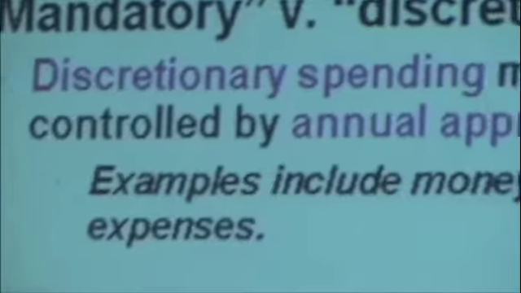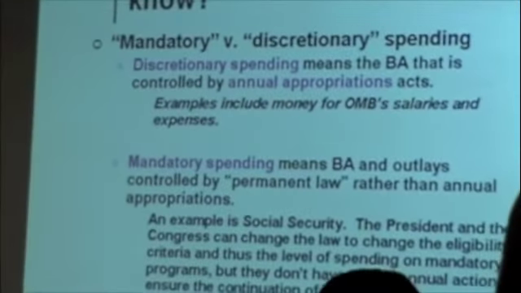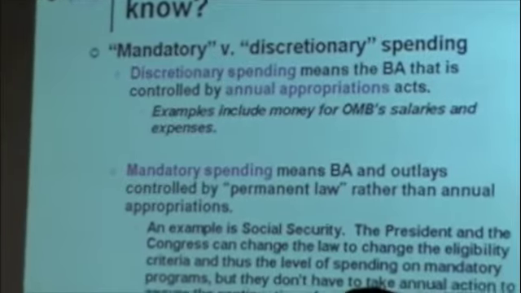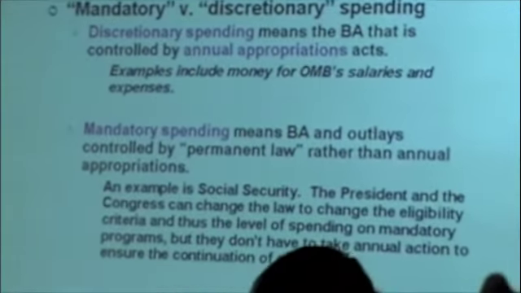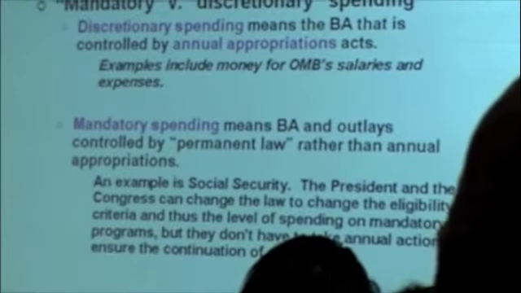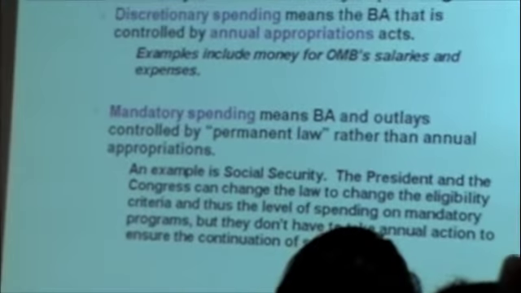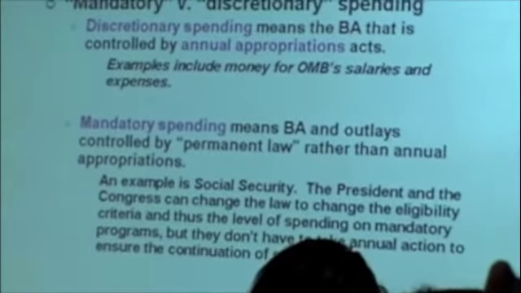Mandatory versus discretionary spending. Discretionary spending means the budget authority that is controlled by annual appropriations acts. For example, the money in your or my salaries and expense account. Mandatory spending means BA and outlays controlled by permanent law rather than the annual appropriations.